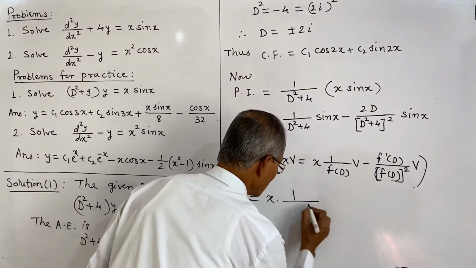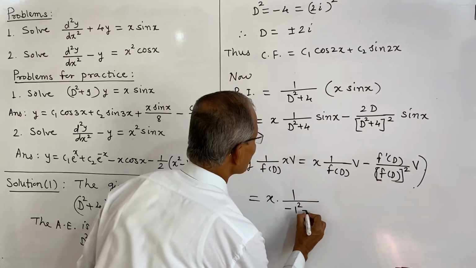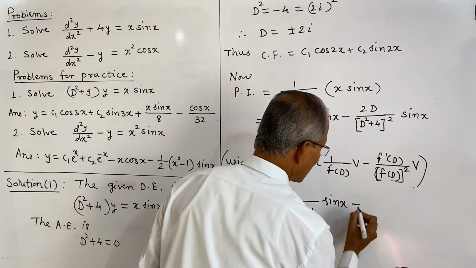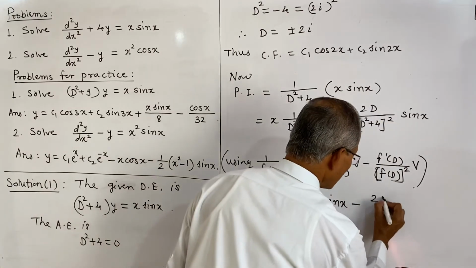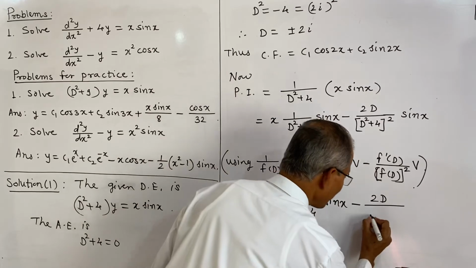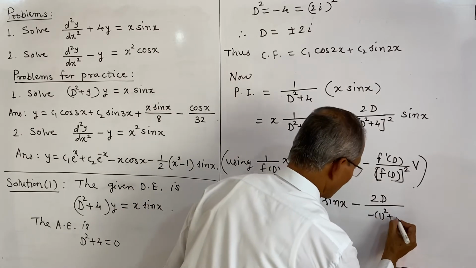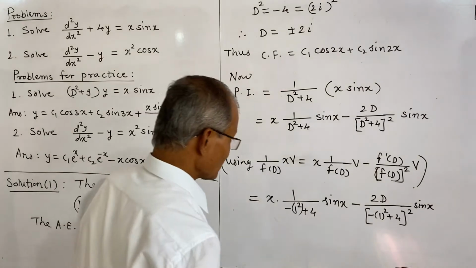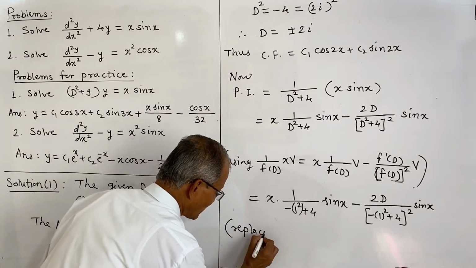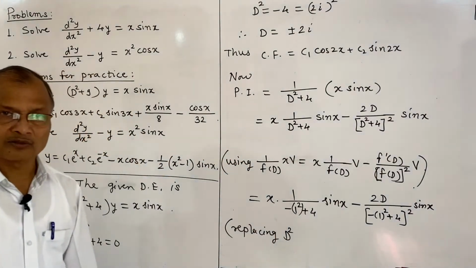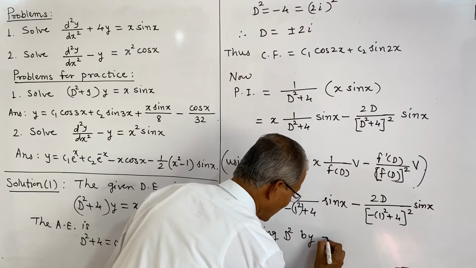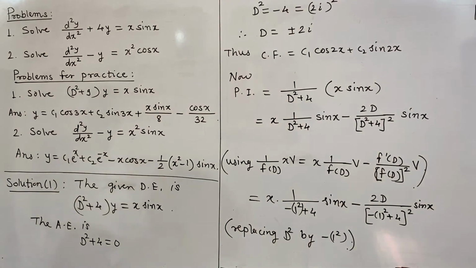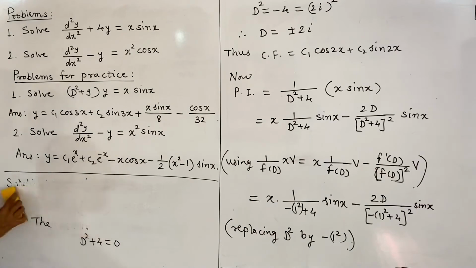So we replace d square by minus 1 square plus 4, operated on sin x, minus 2d as it is, and here also we replace d square by minus 1 square plus 4, whole square, over sin x. This is the formula we derived earlier: for a trigonometric function, 1 upon phi of d square operated on sin ax gives phi of minus a square.